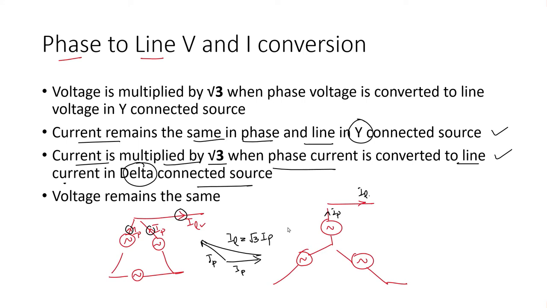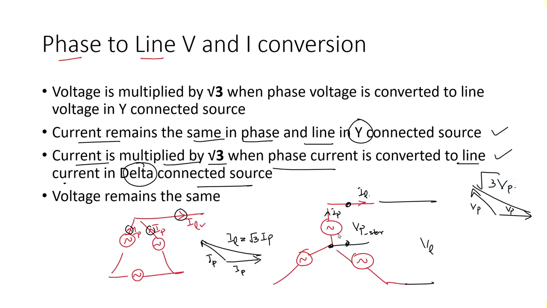Now let's check the voltage in the same scenario. Let's say this is our VP, so VP star is this, and this one is VL. In VL the two voltages are adding up. So this is, let's say, voltage 1, and this one is voltage 2. This is VP and this is VP, and we add them up to get root 3 VP.